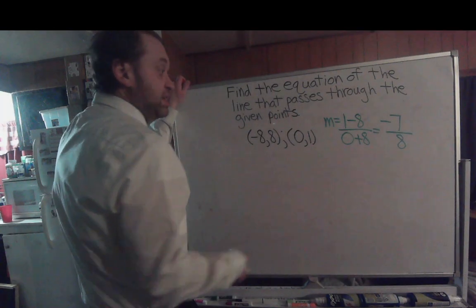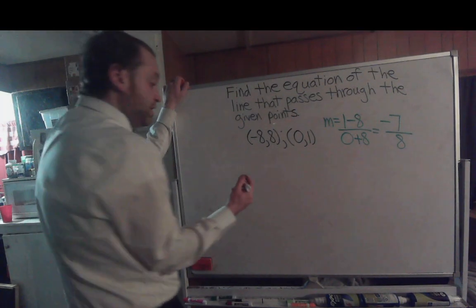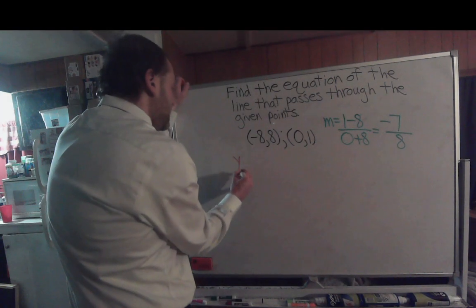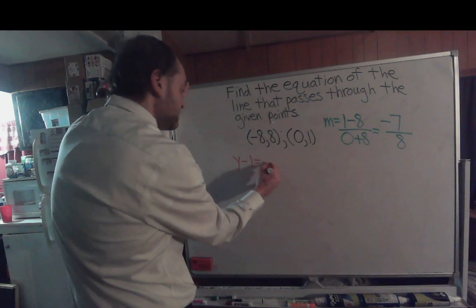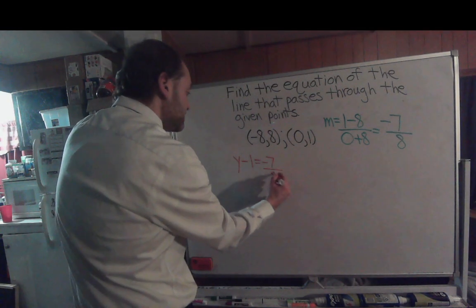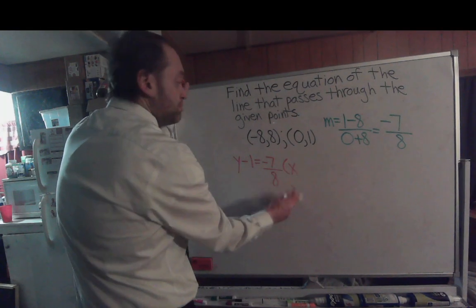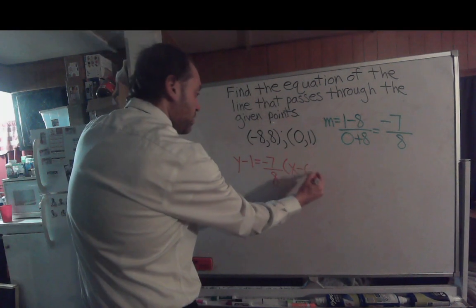I think it's obvious I would probably want to work with 0, 1. So take y minus my y coordinate of 1, set that equal to my slope of negative 7/8 times x minus my x coordinate of 0.